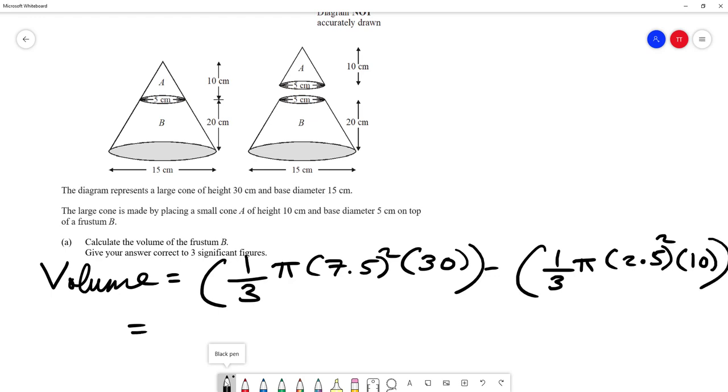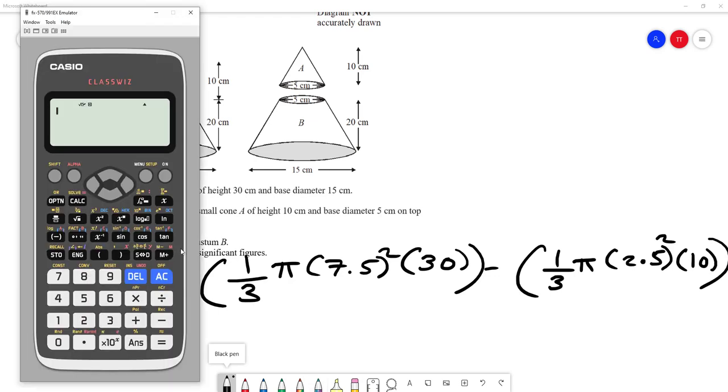Now we can type it into our calculator. So we get 1/3 times pi times 7.5 squared times 30 minus 1/3 times pi times 2.5 squared times 10.